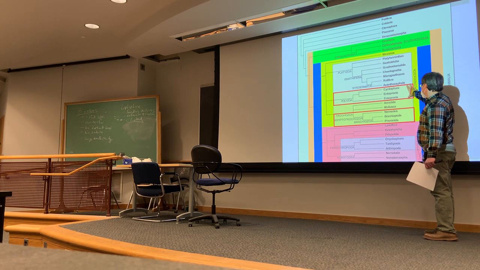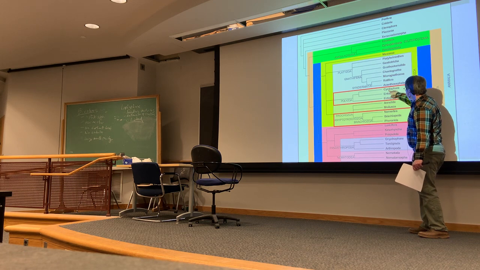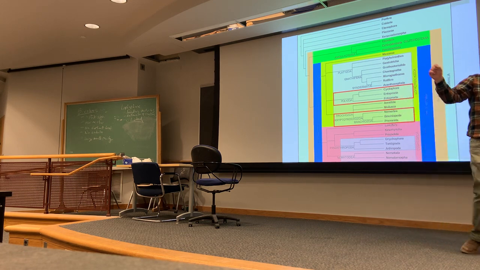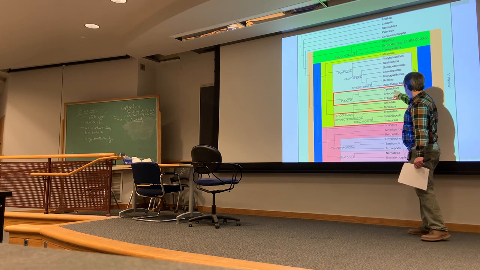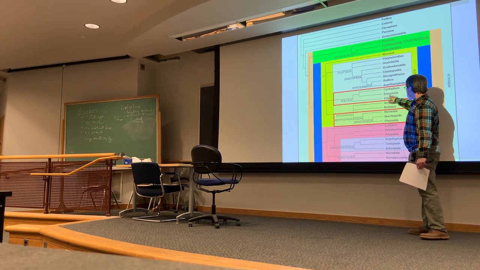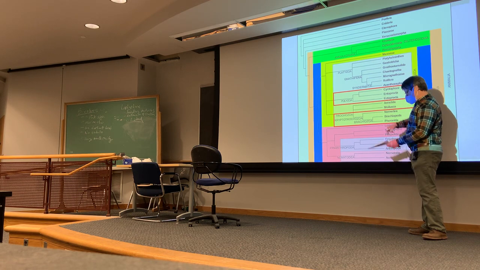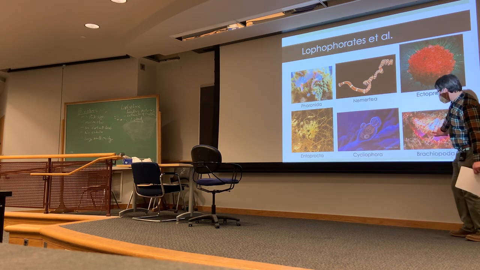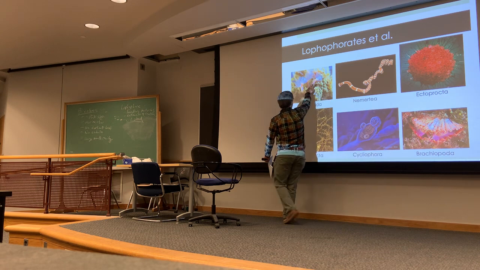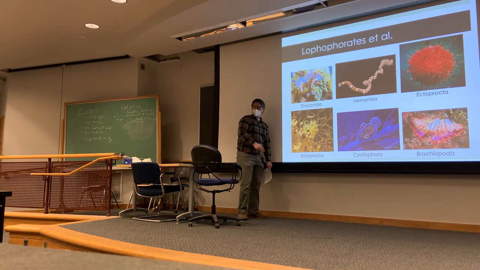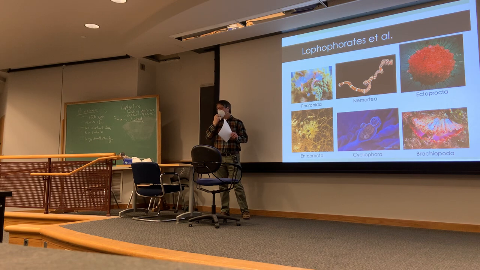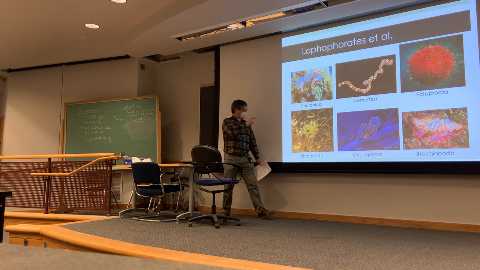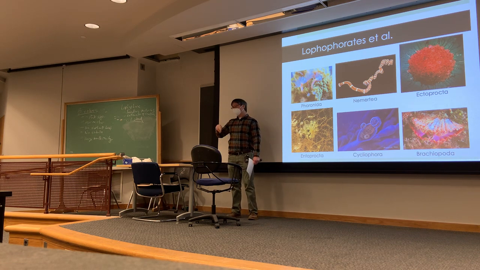Cycliophorans, these small little beasts with a ring of cilia surrounding the mouth, are apparently closely related to entoprocs based on molecular phylogenetic investigations. And the ectoprocs have a lophophore, a feeding apparatus, in terms of its ring of tentacles, extension of the coelom, ciliated.